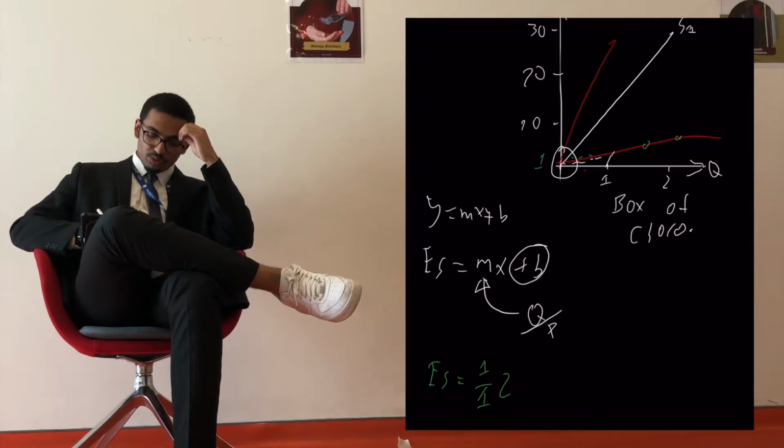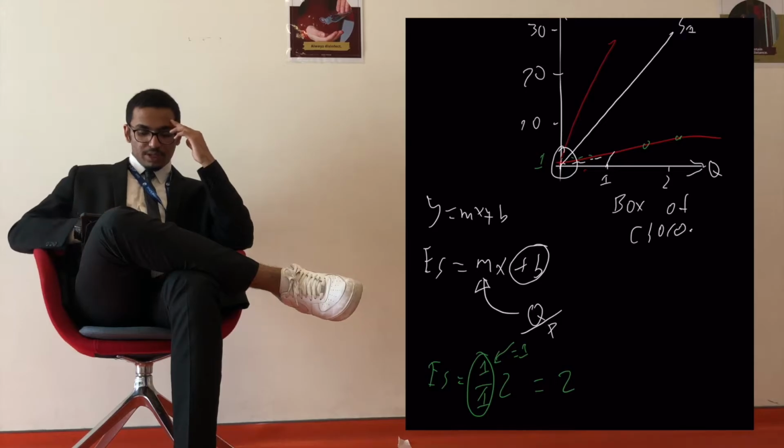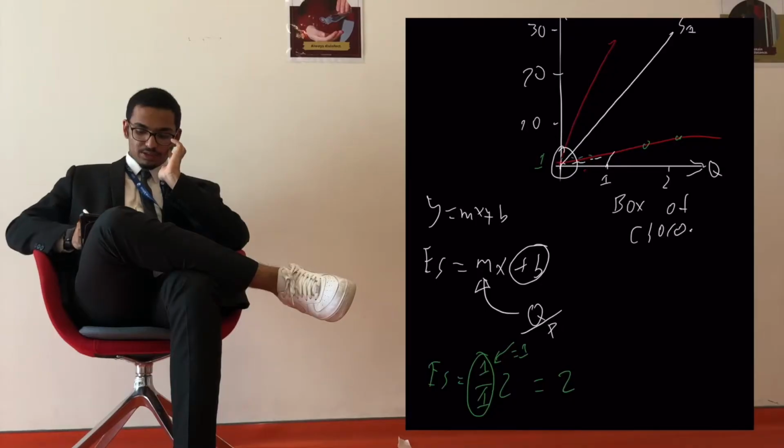So let's take 2, and so 1 times 2 equals 2, because 1 divided by 1 equals 1, and 1 times 2 equals 2. So that's the elasticity. As we've seen, if elasticity is above 1, it's elastic, and if it's below 1, it's inelastic. So right now we have an elastic supply.